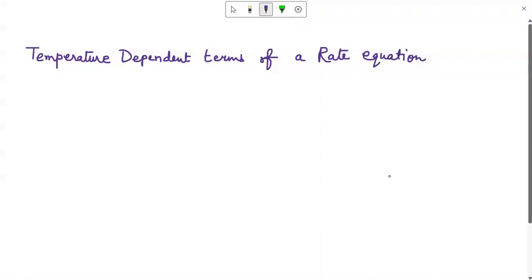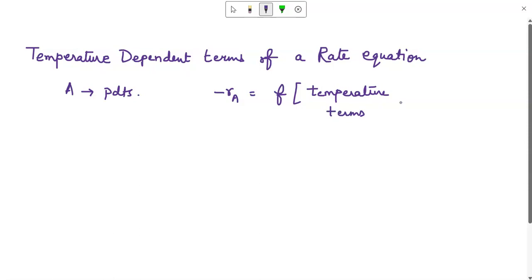Hi, in this video we are going to talk about the temperature dependent terms of a rate equation. Previously we have already seen that if we want to write an equation, let's say A gives products, and we want to write the rate equation, we write it in a format such that minus RA is a function of some temperature terms, or rather temperature dependent terms, and concentration terms.